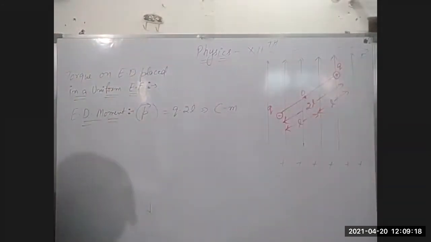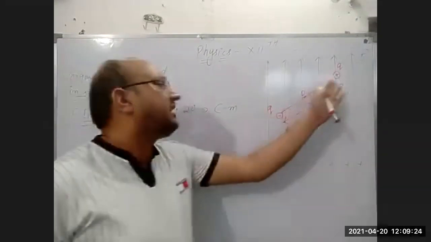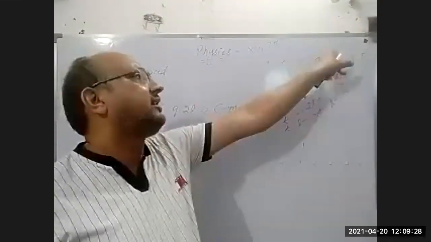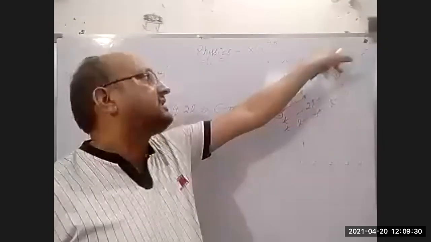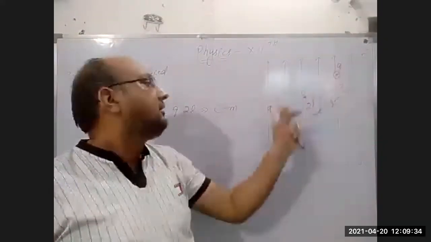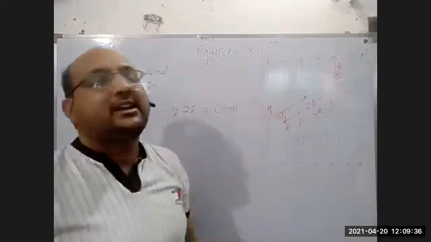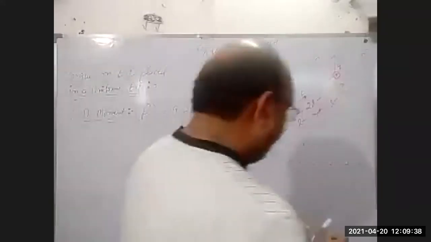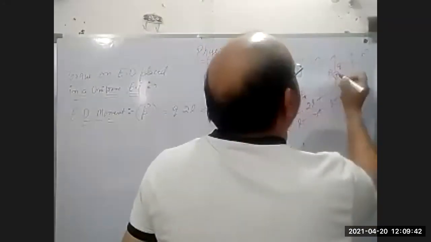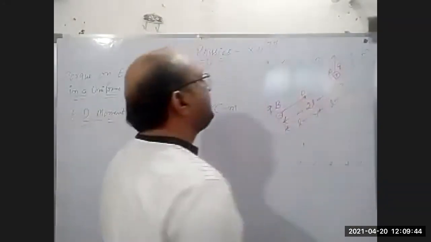Now come to the topic. This electric dipole is placed in an electric field. You know the direction of the electric field, and you also know the charges on this electric dipole: at point A this is the positive charge and this is the negative charge.